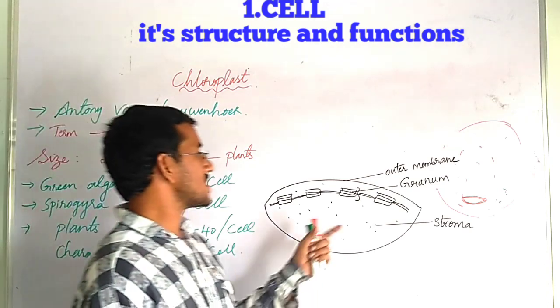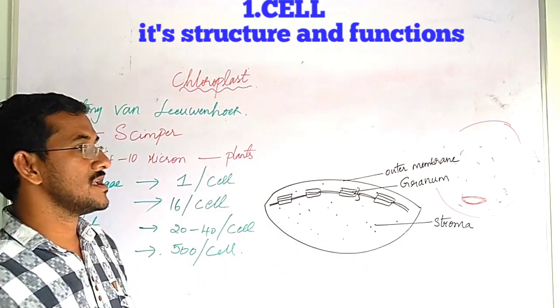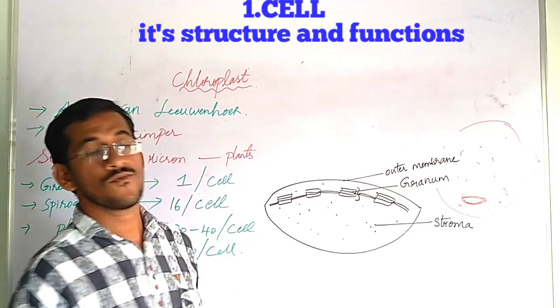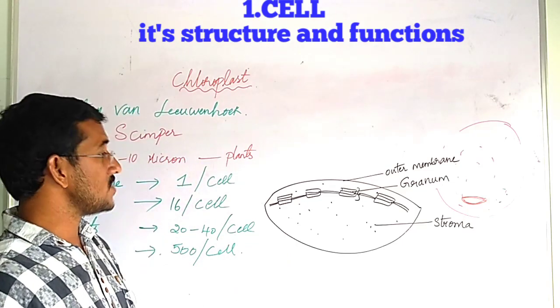So, what is the use of chloroplast? They help in photosynthesis. How do they help?